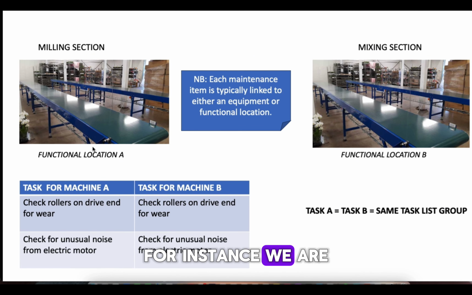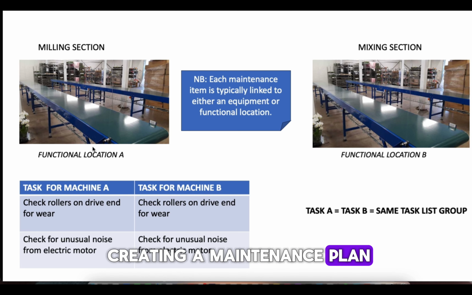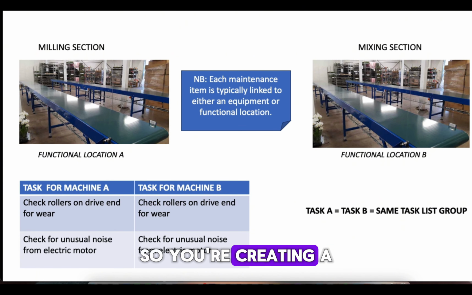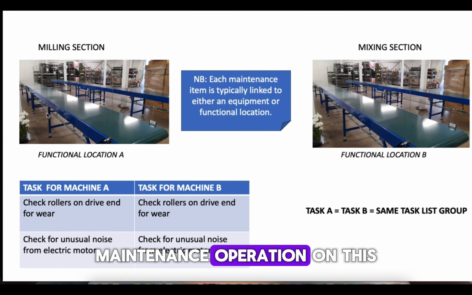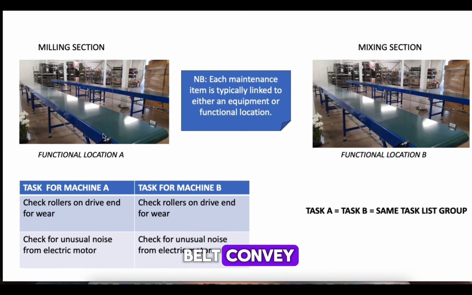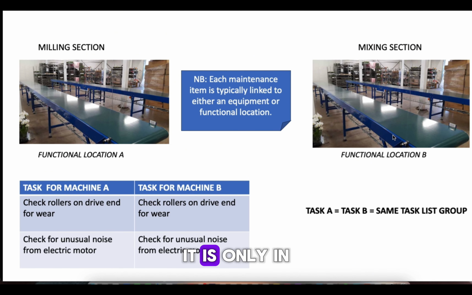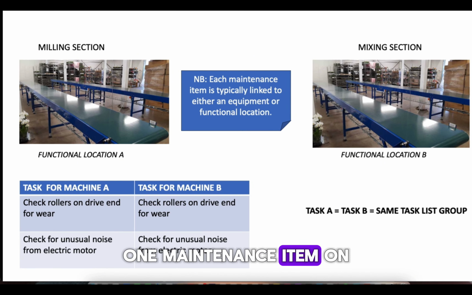For instance, we are creating a maintenance plan having a frequency of 4 weeks, so you're creating a maintenance plan for a 4 weekly maintenance operation on this belt conveyor. Similarly, we're also going to be creating a 4 weekly maintenance plan for this belt conveyor. It is only in this instance that we can create more than one maintenance item on this same task list group.